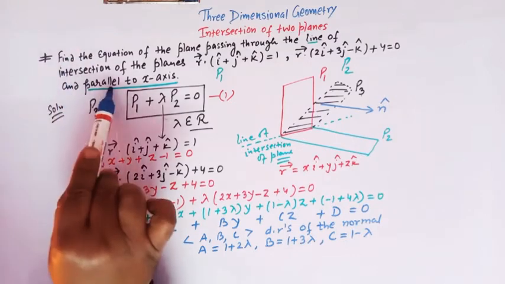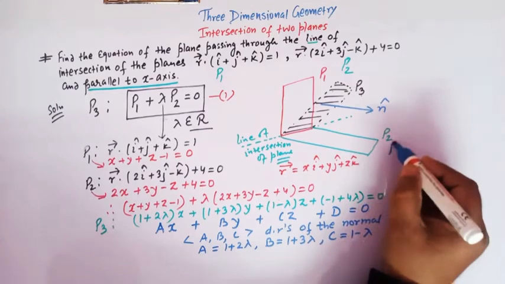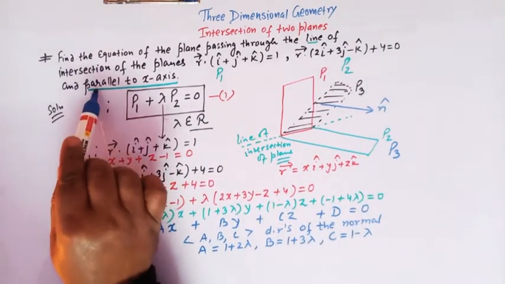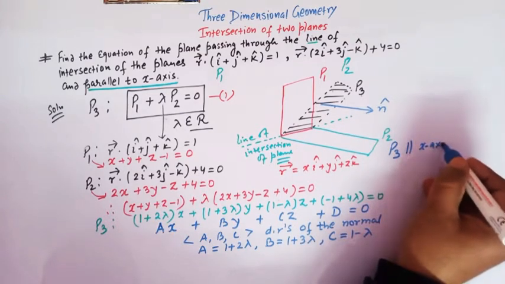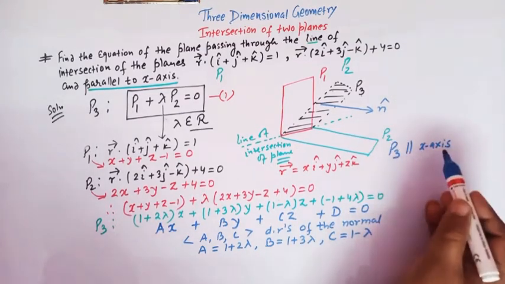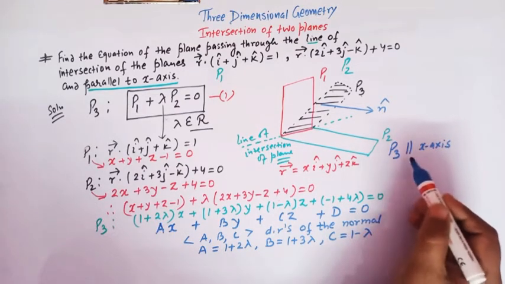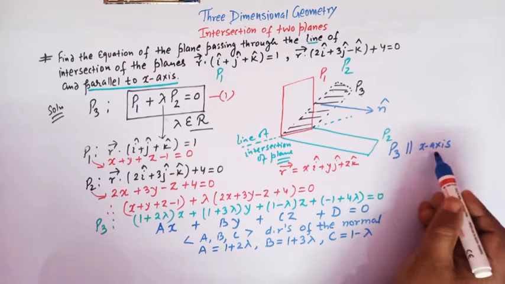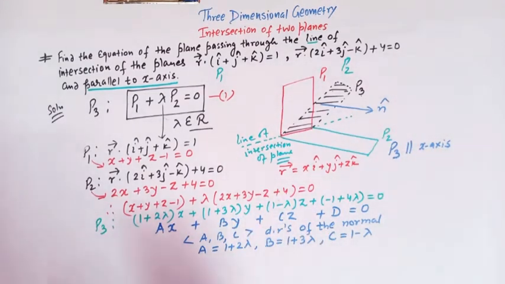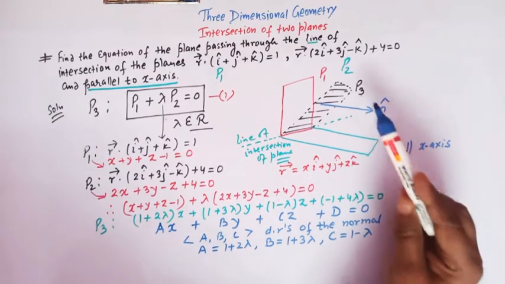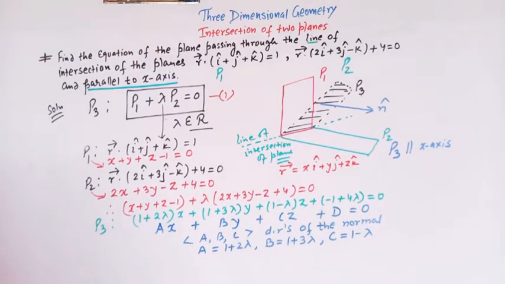So here this plane P3 is now given as parallel to x-axis, right? So whenever we say that the plane is parallel to x-axis, it means the normal to the plane P3 is perpendicular to x-axis, right?